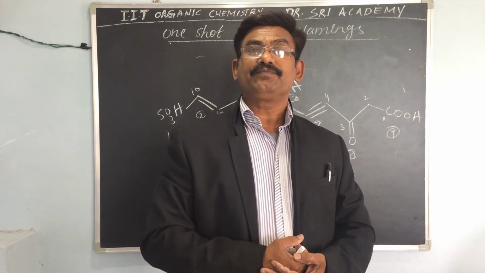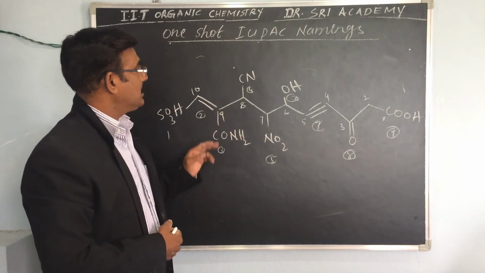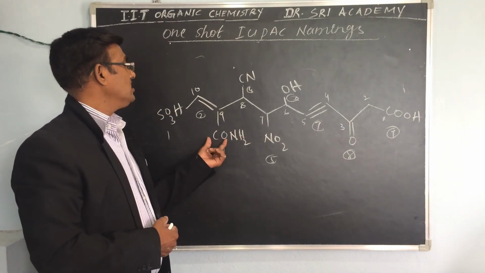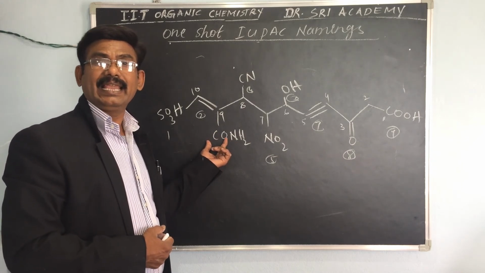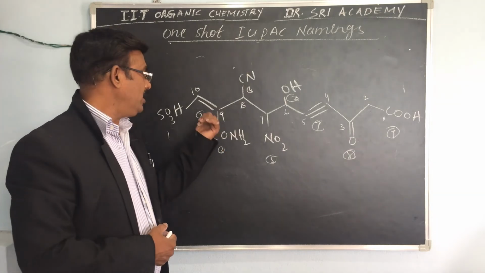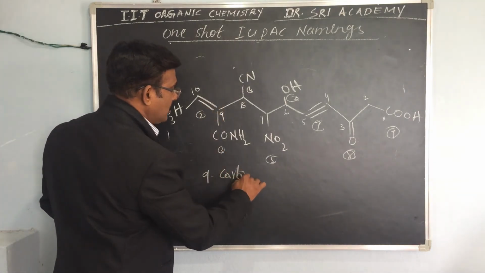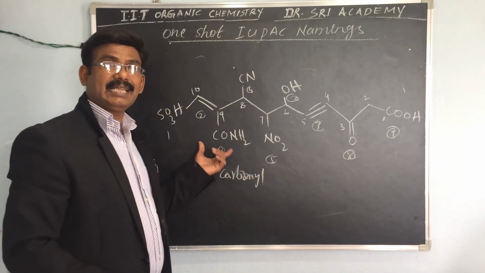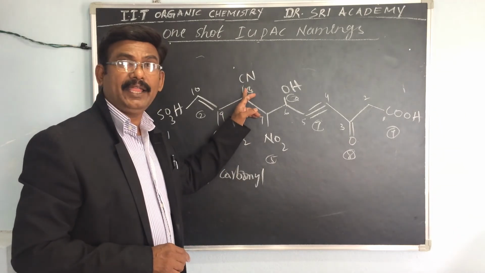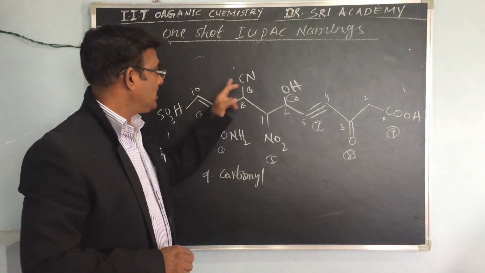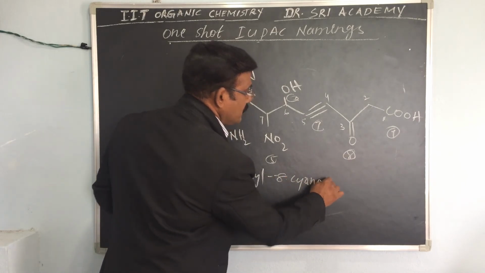So the 9th position contains what? That is the amide group, the carbamyl. C comes first in alphabetical order. 9th position contains the carbamyl, so 9-carbamyl. Then nitrile, cyano, so 8-cyano.